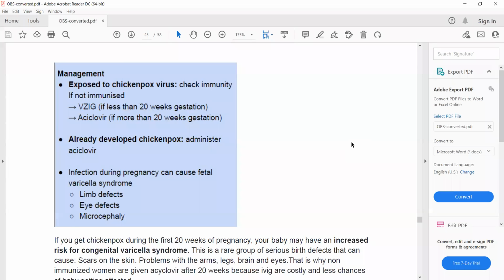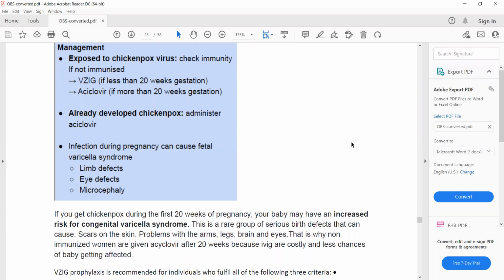Because if we do not give immunoglobulins, then the chances of getting fetal varicella syndrome are high. And after 20 weeks, the chances are very less. That's why we will give immunoglobulins if less than 20 weeks gestation and she is exposed, and acyclovir if more than 20 weeks of gestation.